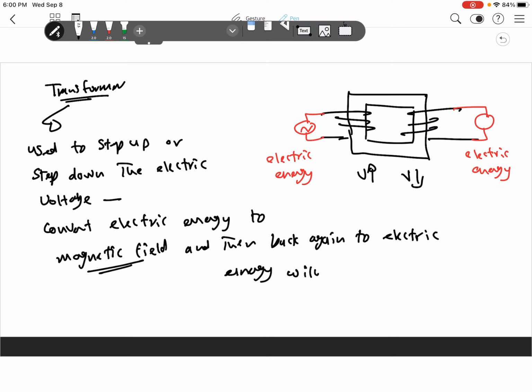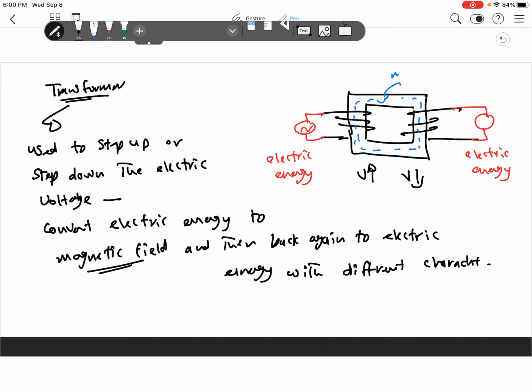But now this electric energy has different characteristics. What do I mean by different characteristics? You stepped up the voltage or stepped it down. So that's why we consider this a machine, because it has to have a magnetic field.